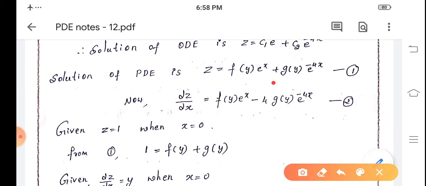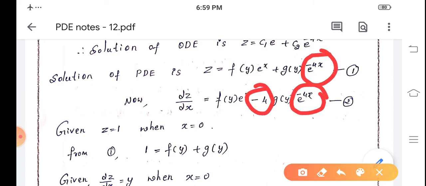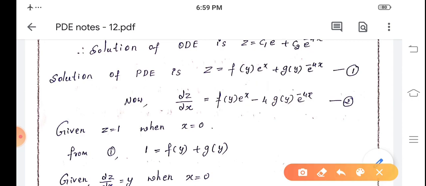Next, plus g(y) into e^(−4x). Partial derivative with respect to x, g(y) is constant. So g(y) into the partial derivative of e^(−4x) is −4 e^(−4x). So we obtain ∂z/∂x = f(y) e^x − 4 g(y) e^(−4x). Take it as equation number 2.